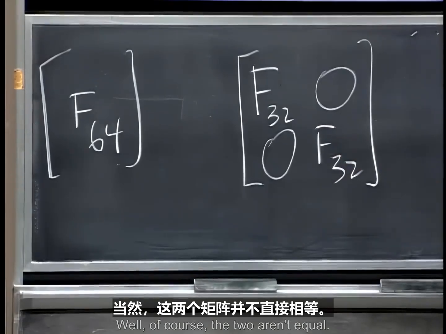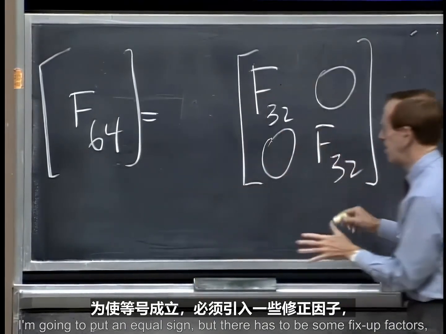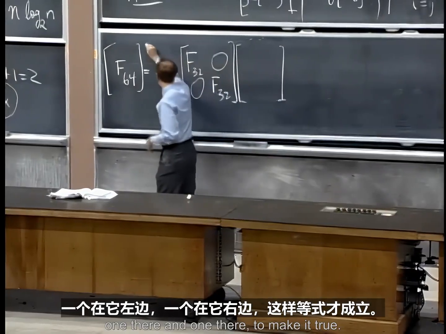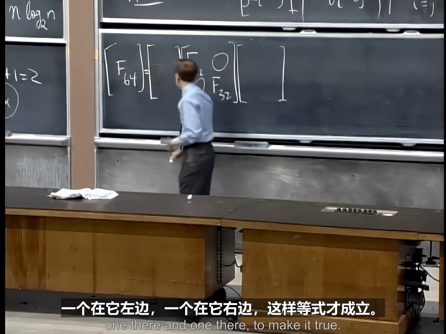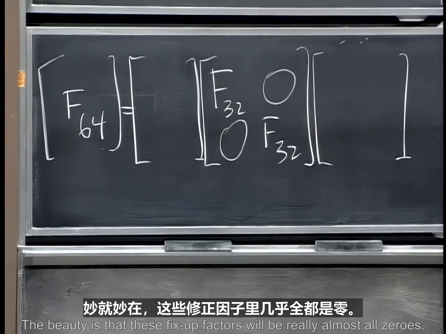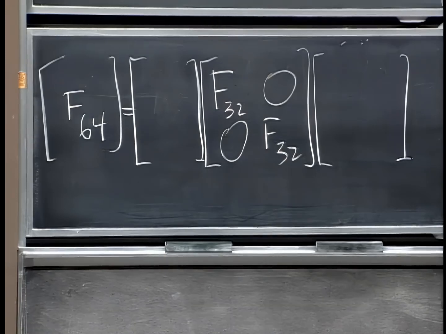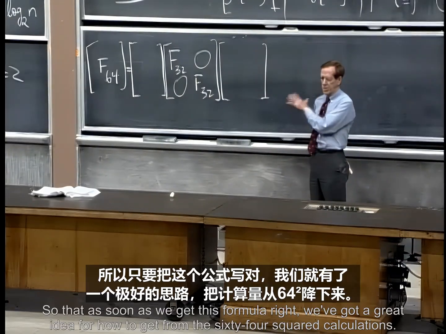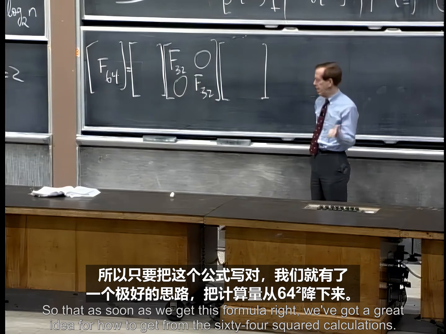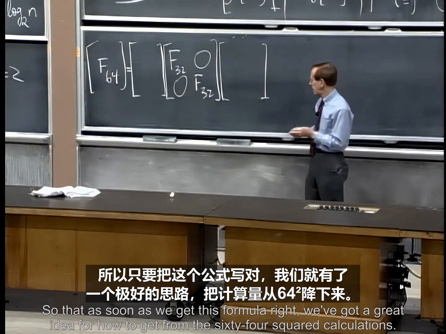Well, of course, the two aren't equal. I'm going to put an equal sign, but there has to be some fix-up factors, one there and one there, to make it true. The beauty is that these fix-up factors will be really almost all zeros. So that as soon as we get this formula right, we've got a great idea for how to get from the 64 squared calculations.